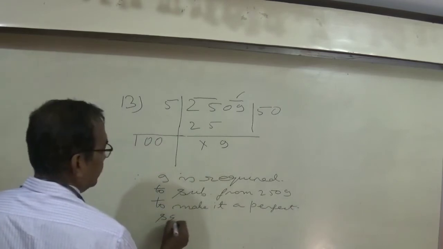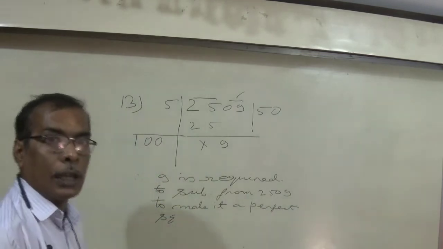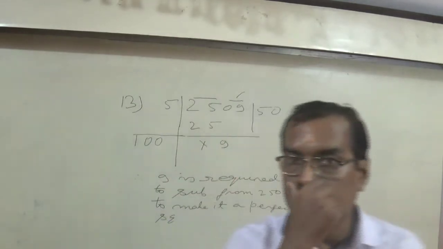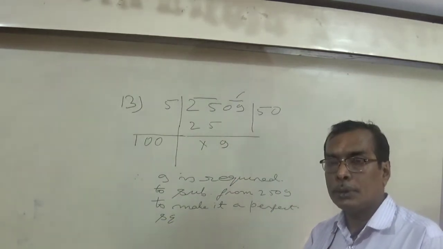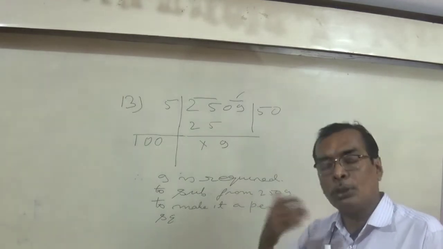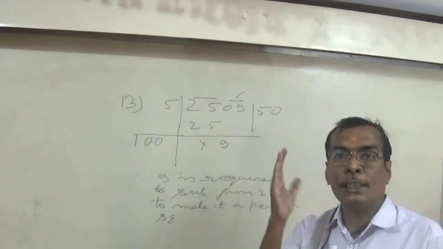I think it is clear. Right? So this is actually the concept of how much you have to subtract: 9. That is the remainder.